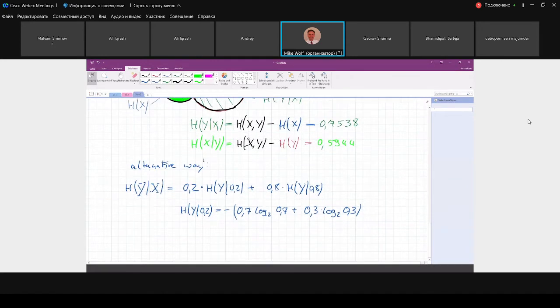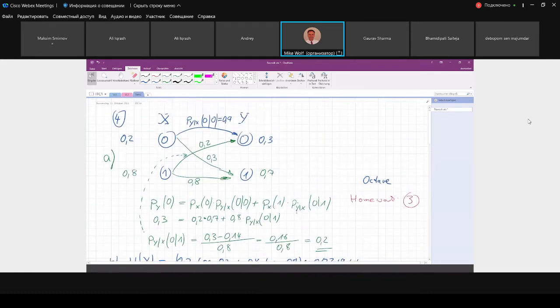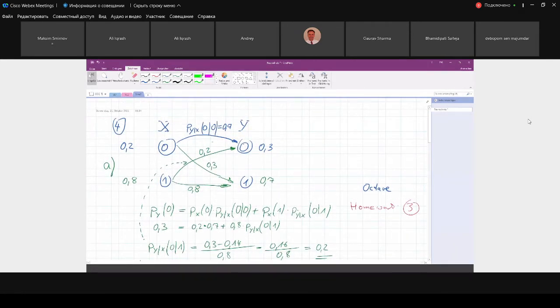And of course, at the end, we get the same result for this H of Y given X. Then we have to weight these conditional probabilities at the end. We go back, and the conditional probabilities are 0.8 and 0.2, as you can see. 0.8 here, this one, and 0.2.